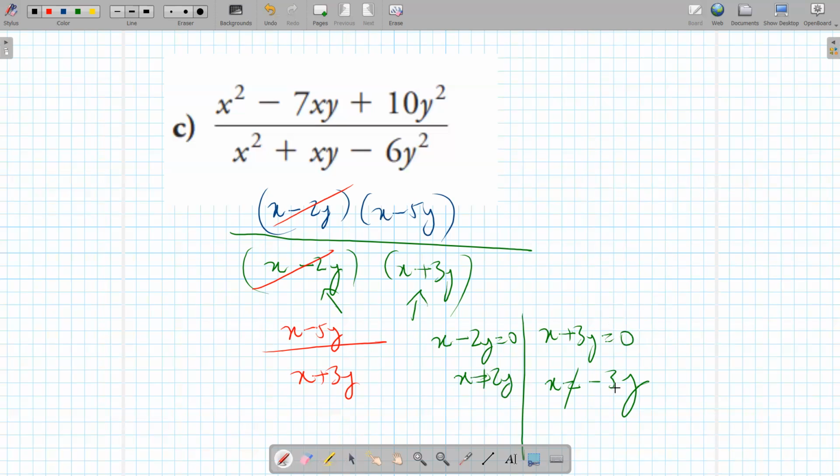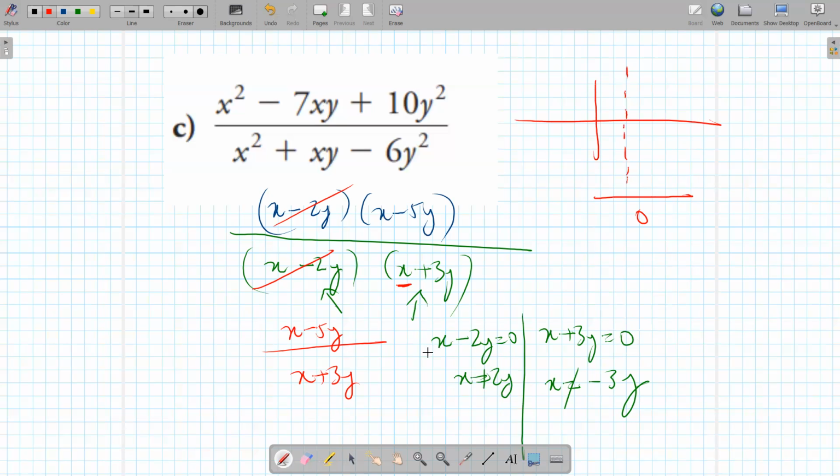If x is exactly negative 3y, for this guy, you'll get a 0 in the denominator. A 0 in the denominator graphically means a vertical asymptote, okay? So if x were to be negative 3y, you would get a vertical asymptote.